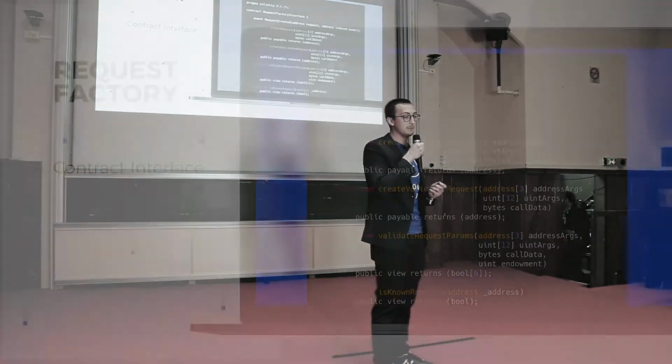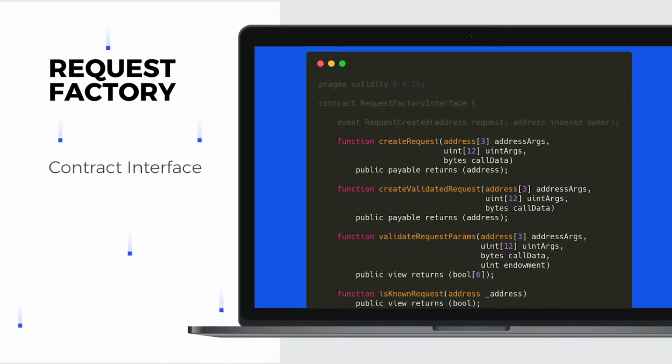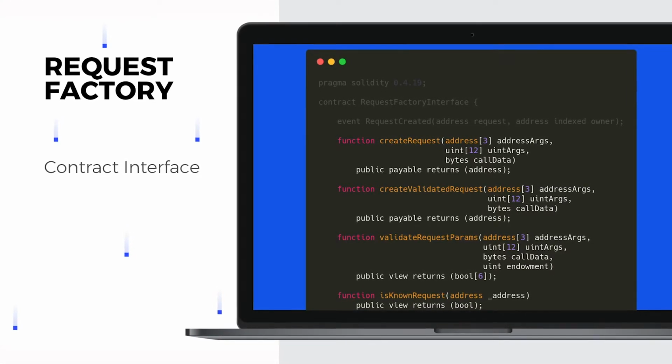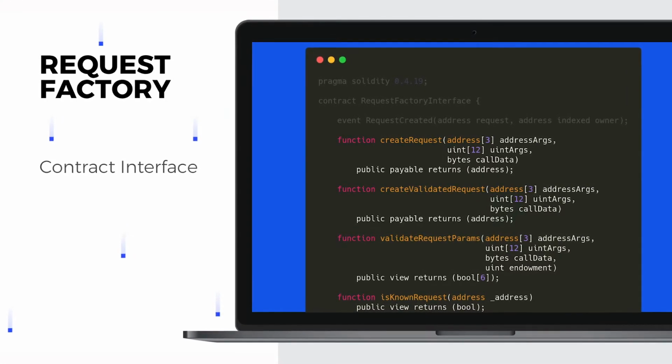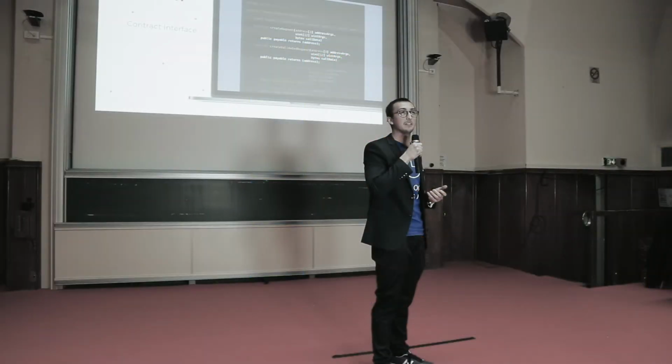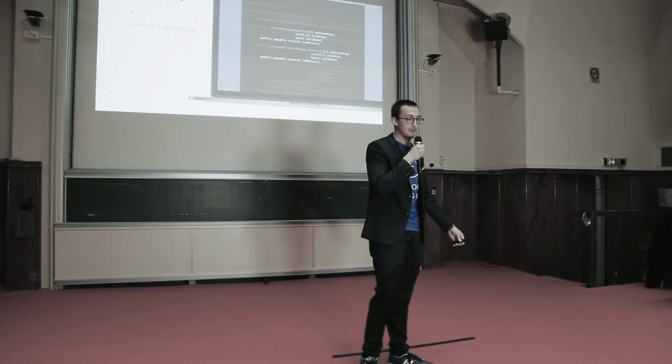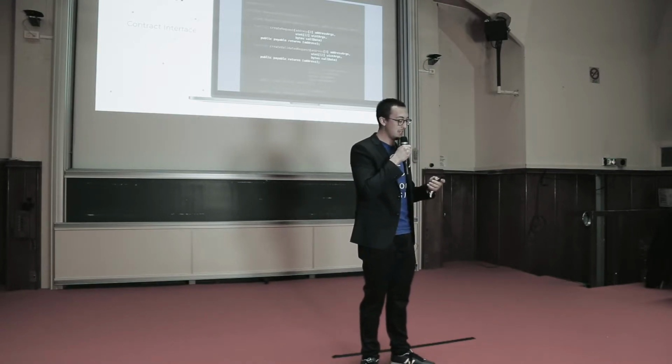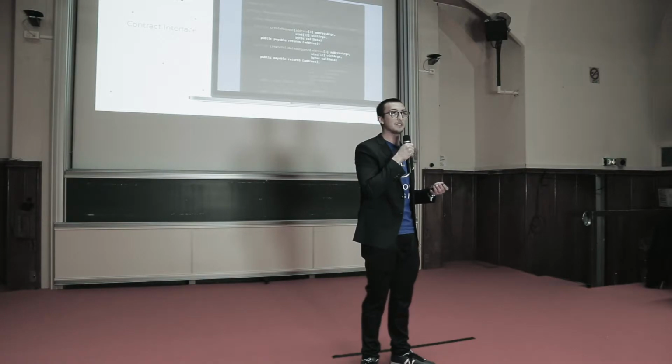So here's the request factory interface. It's pretty simple. This contract really just creates the request. It also provides some validation on the parameters that are inputted. So usually you want to use a create validated request when creating a new transaction request.